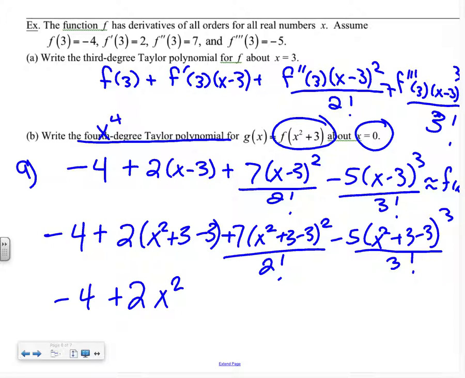Why am I automatically about 0? Because the 3's cancel, and you just have an x now. Those cancel, and I get plus 7 times x squared squared, which is x to the 4th. I'm going to stop right there. I'm not going to put the next term on because I'm already at the 4th degree.